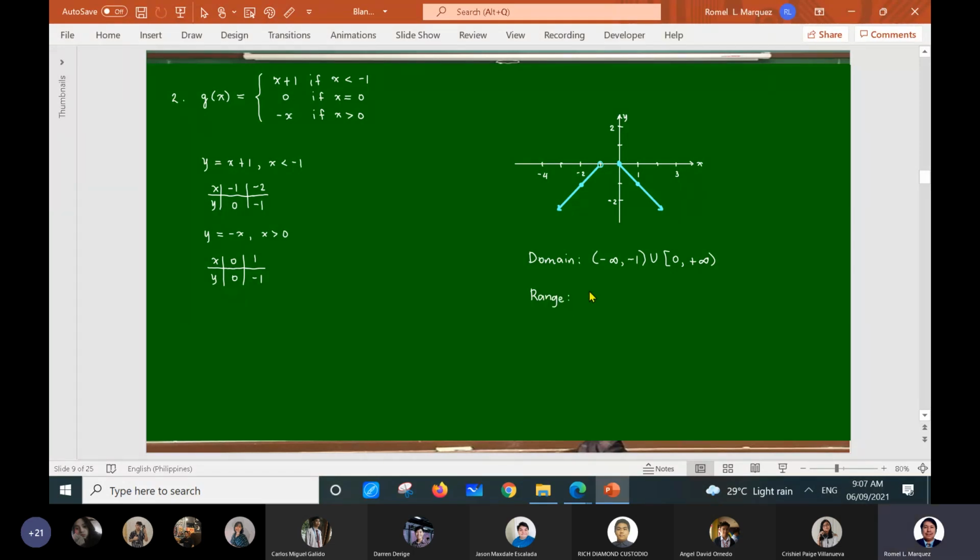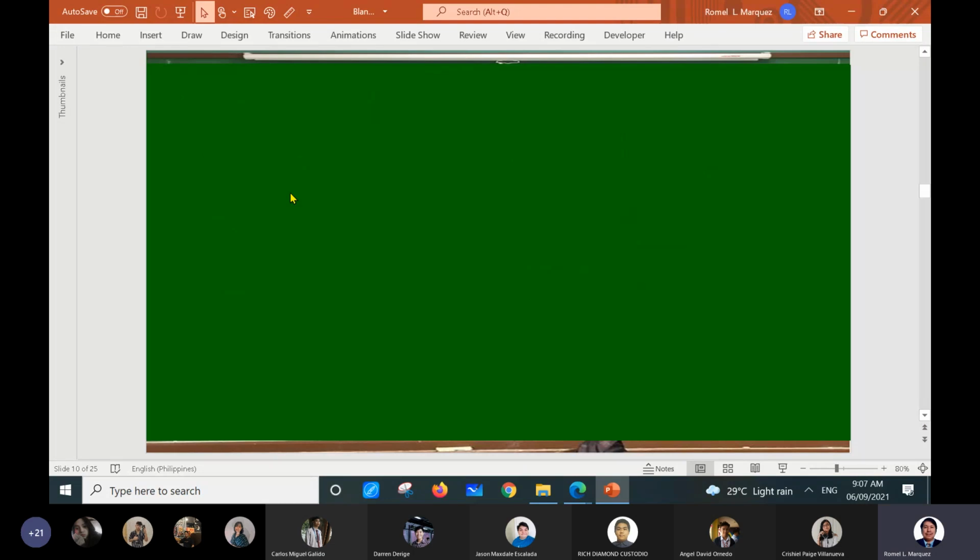Going to be negative infinity to, do we include 0, children? Yes, sir, because there is a point there, no? Although open here, there is a point accommodating y equals 0. So that's the range. Any question, guys, with the piecewise?